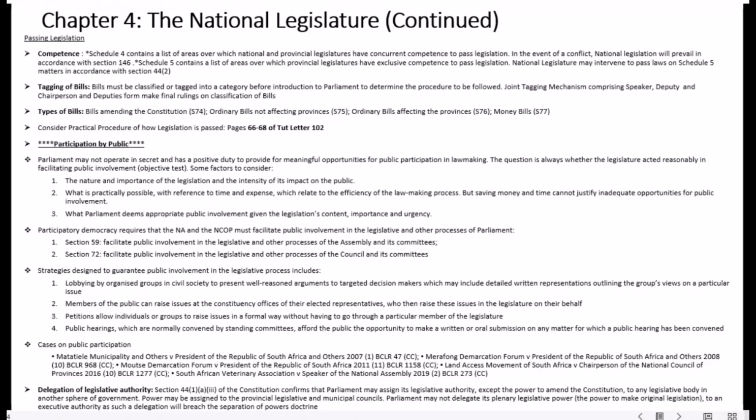Please consider the practical procedure of how legislation is passed. And this is outlined on pages 66 to 68 of tutorial letter 102. It basically outlines how proposed legislation actually goes from just being an idea to going through all the stages until it is signed into law by the president and therefore enforceable.